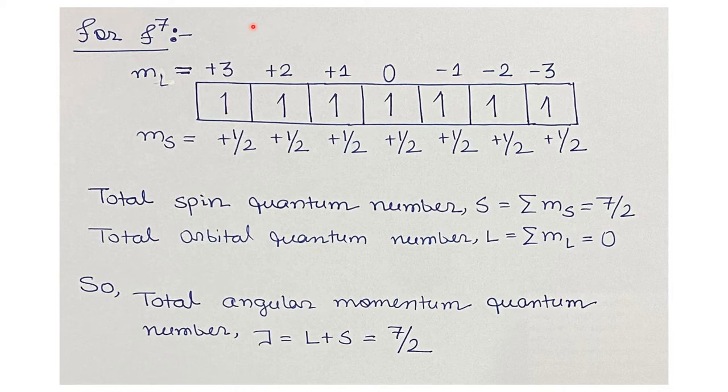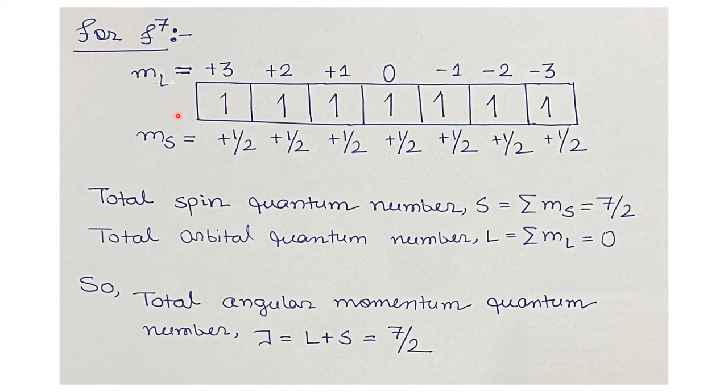For l equals 3, we can have ml values from plus 3 to minus 3, so we'll have 7 ml values. So basically there are 7 electronic states in the f subshell. We can accommodate the 7 electrons in such a way that each electronic state will contain one single electron.